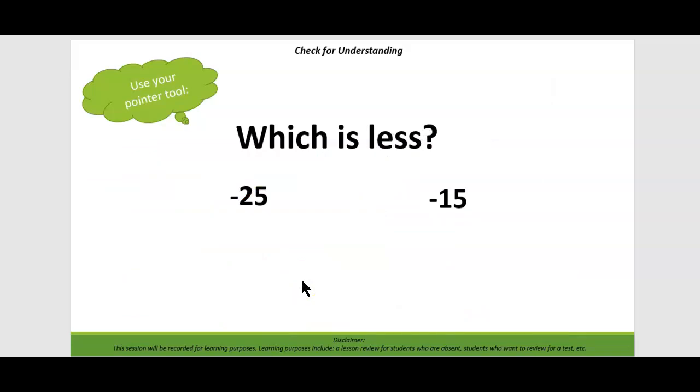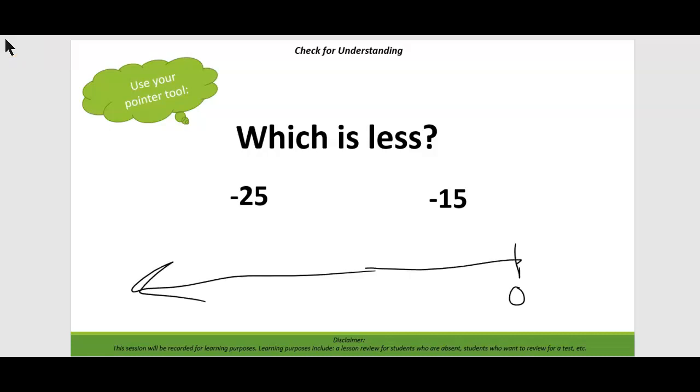Talking next level here. Which is less? Well, less is to the left. So which one of these would be to the left? Well, here's 0, and there's 1, 2, 3, and so on. Both of these are to the left, right? But which one is to the left more? Furthermore, if you were to go up and down, which one would be down the most?